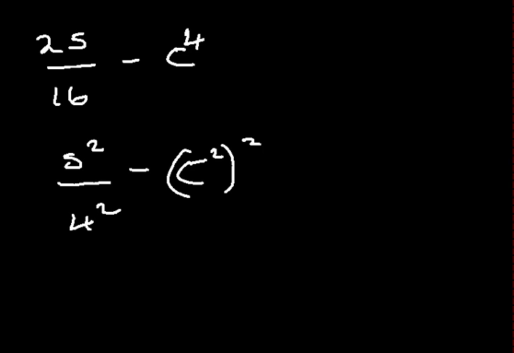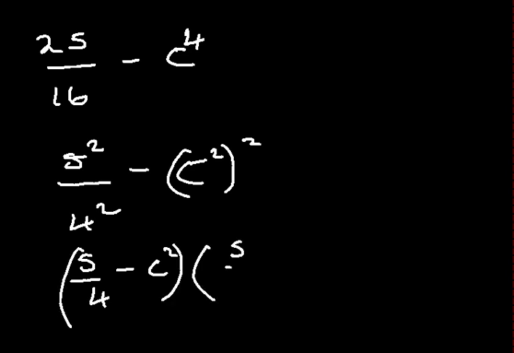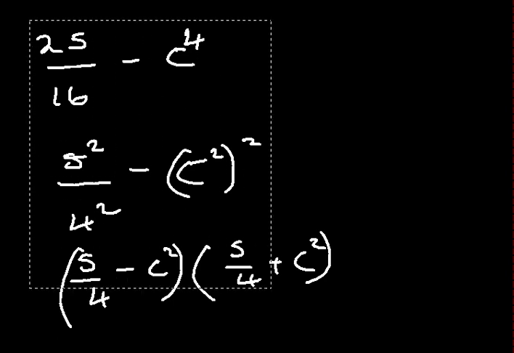So we have a difference of two squares in this case. That will be given as 5 over 4 minus c squared times 5 over 4 plus c squared. So that's the working principle behind that, as you can see.